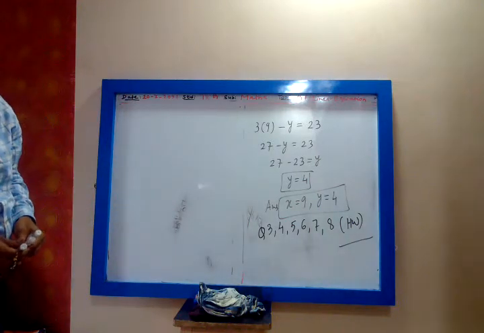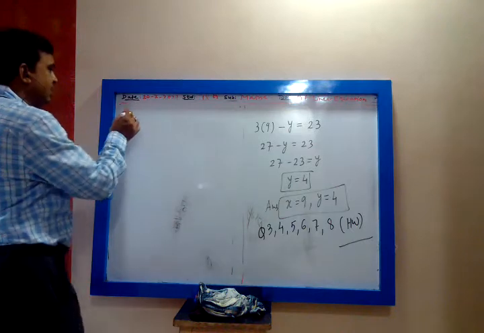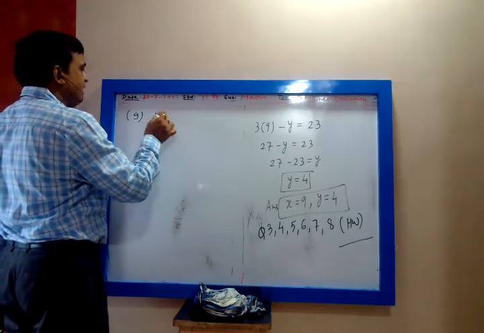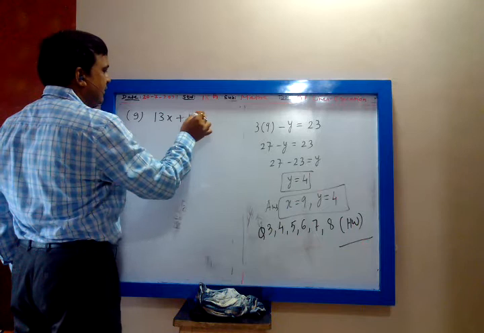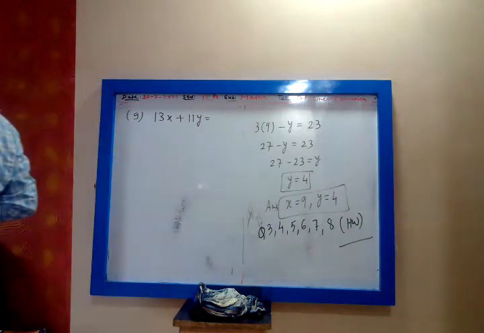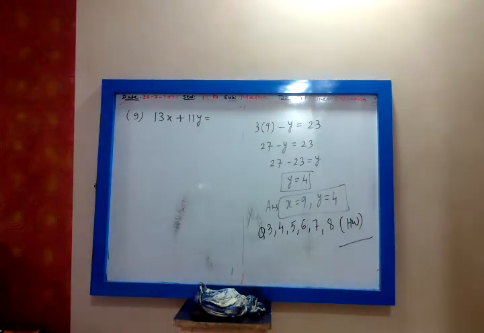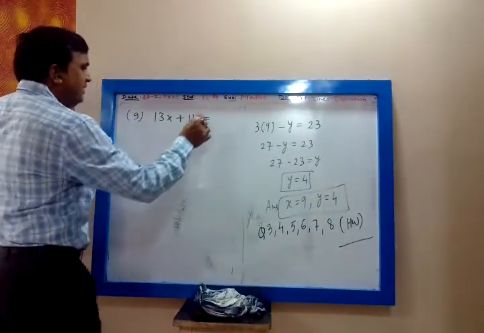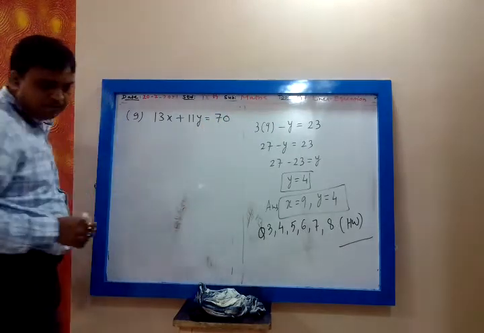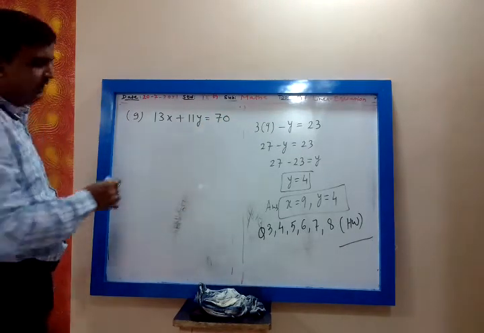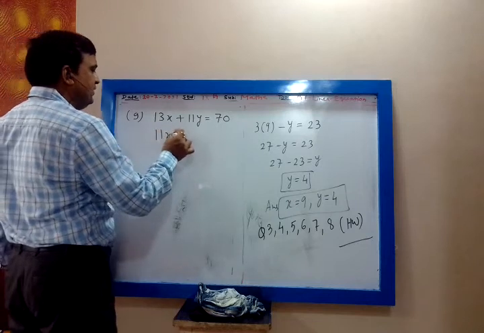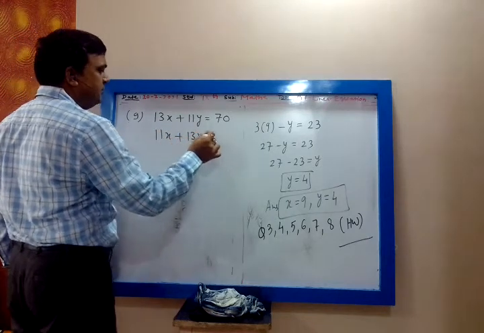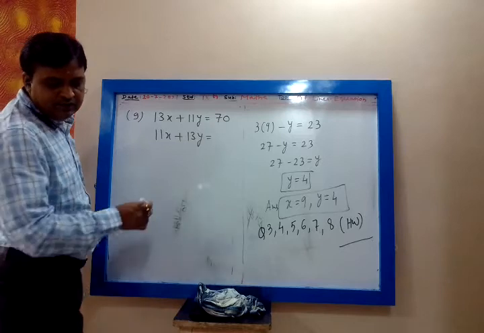So ninth one: 13x plus 11y is equal to 70, and 11x plus 13y is equal to 74.